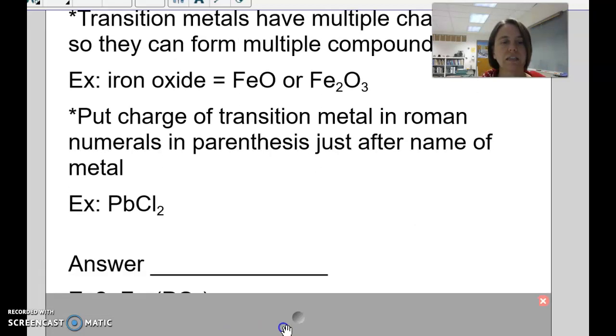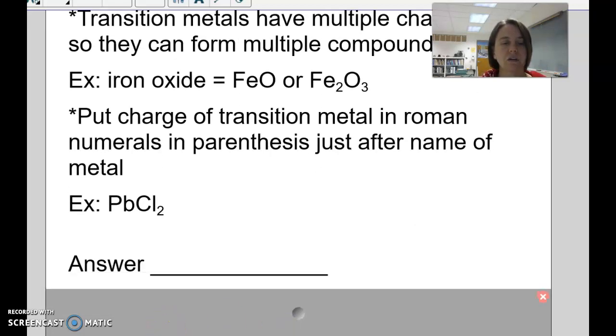Let's do lead. Okay, so we have to do a little bit of figuring things out. So lead is balanced with 2 chlorines, and we know chlorine has a -1 charge. So if there's 2 of them, it's -2. So what plus -2 equals 0? Well, that's +2. We see that since the chlorine had to be -2, the lead has to be +2.